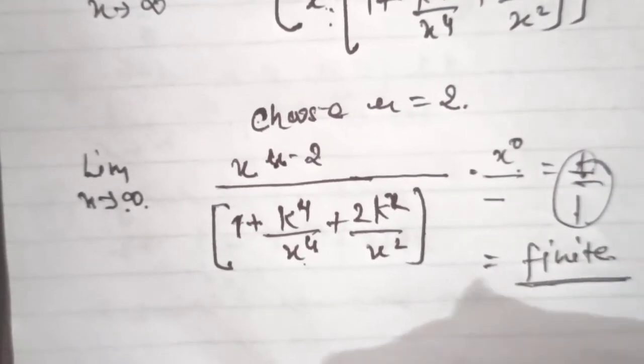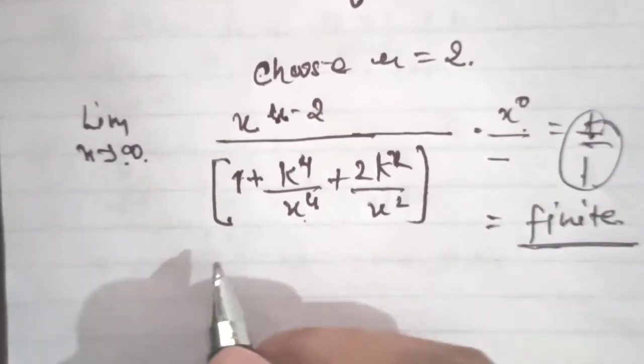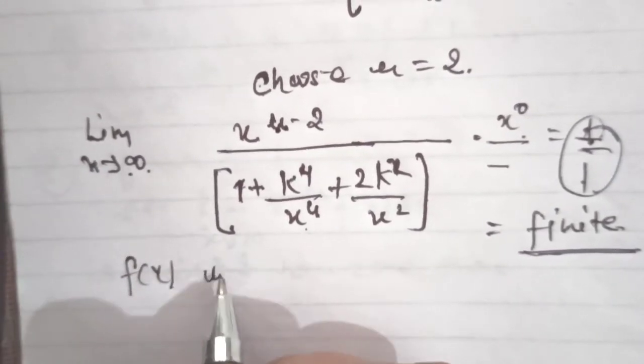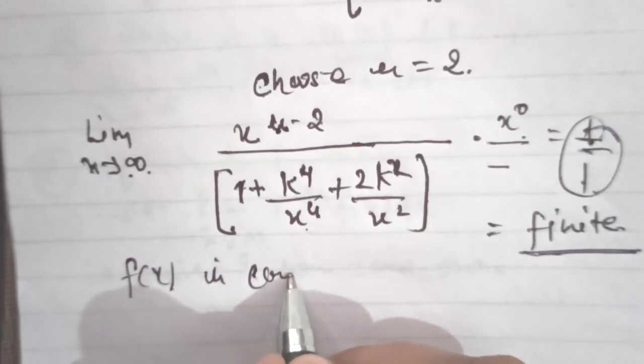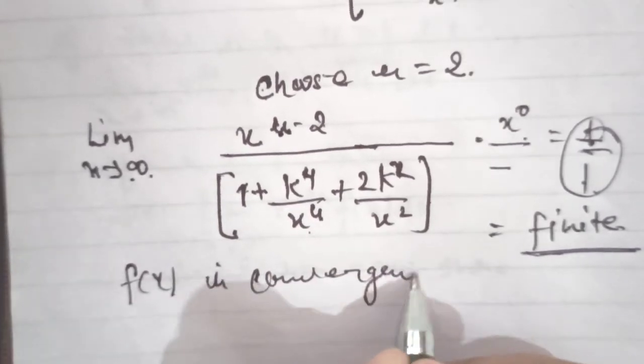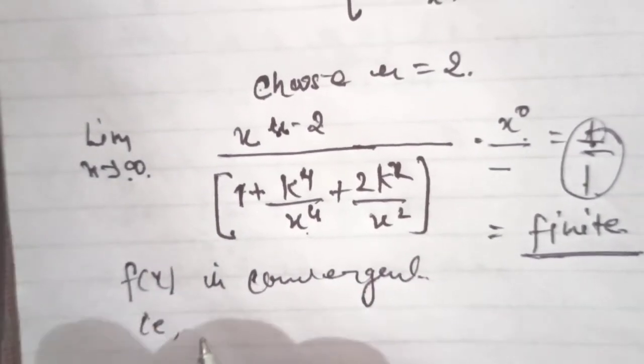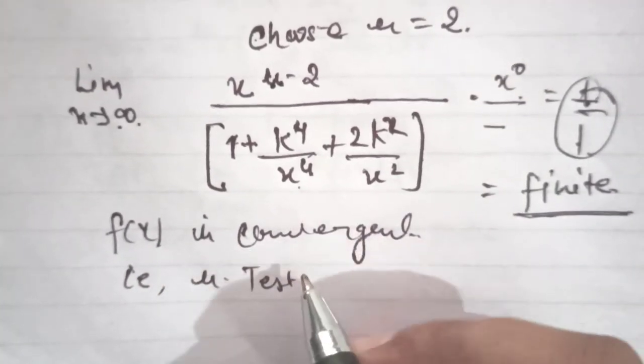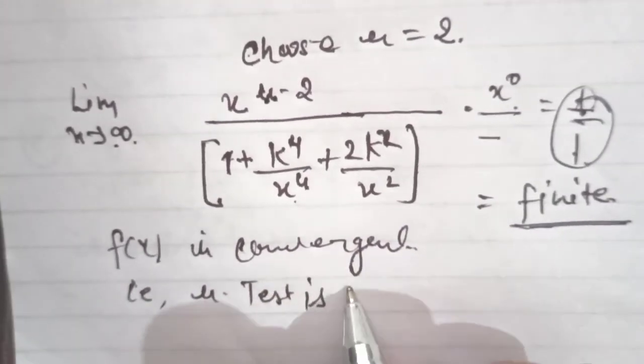When it is finite, you can easily say that the function is convergent, that is, by the mu test it is convergent.